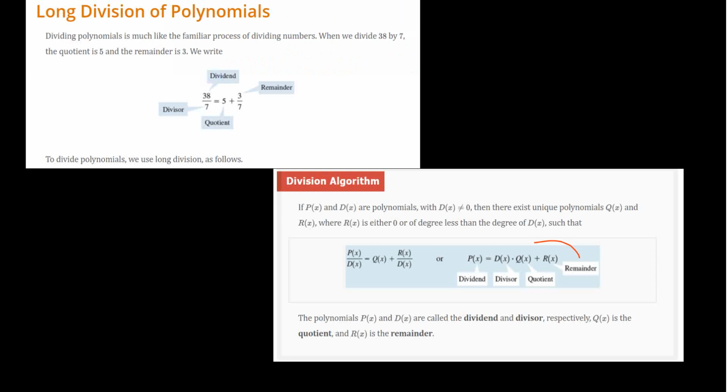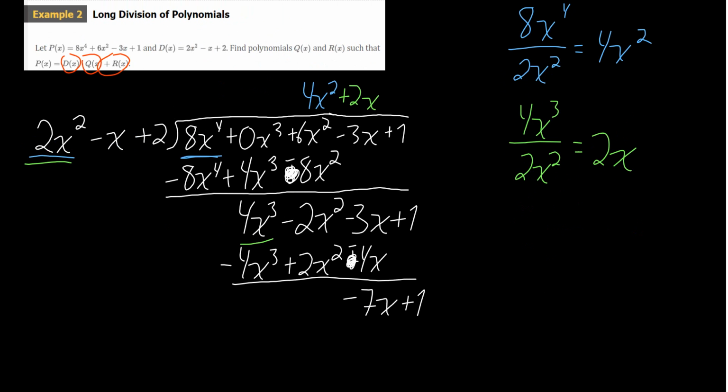If you forgot, it's just this here: the divisor times the quotient plus the remainder. So what is my divisor? Well, let's put this down here for solution.